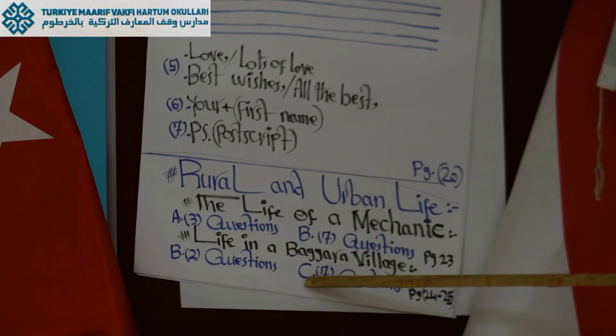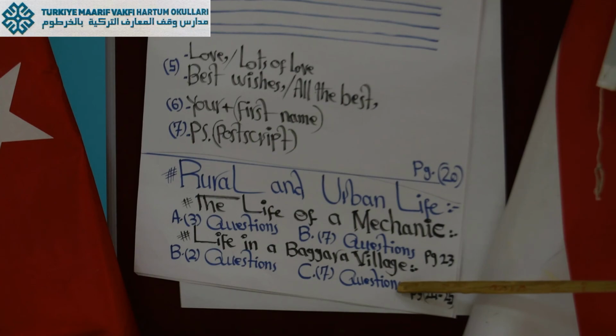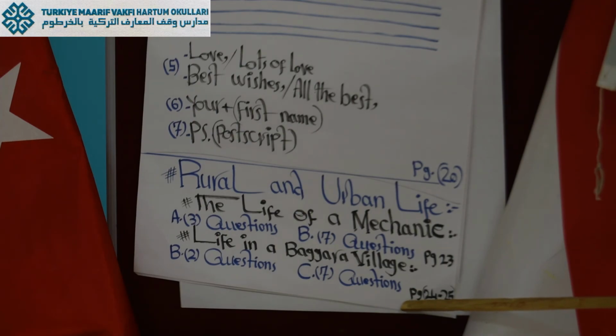And come to exercise C, and you will find, of course, 7 questions. Try to answer them in your exercise book. You will find these exercises on pages 24 to 25 of your student book.